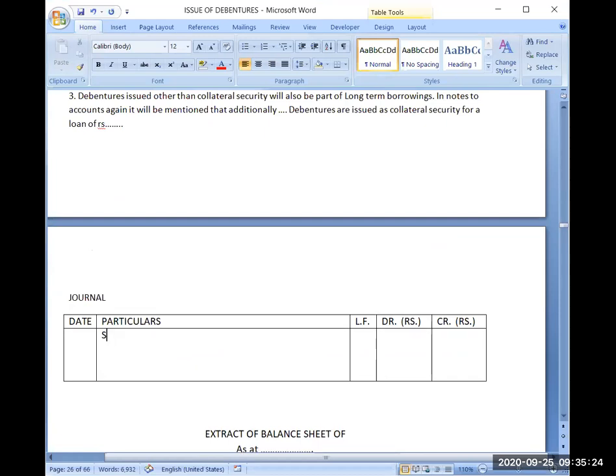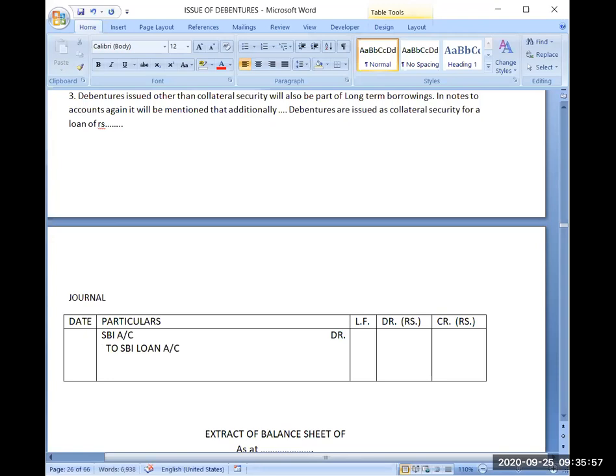Now, SBI account, because if SBI bank is giving you a loan, that bank will open a loan account for you. So the money will be with SBI only: SBI account debit, or State Bank of India account debit, you can write it that way also, to SBI loan account.